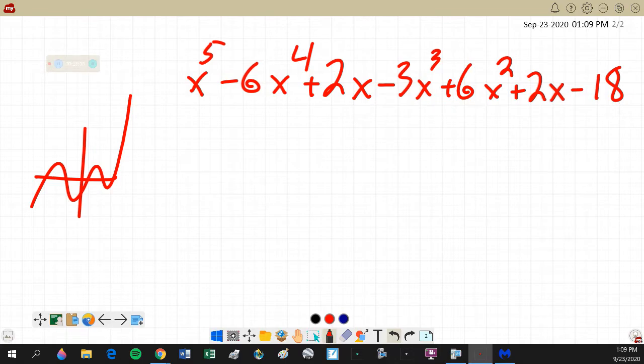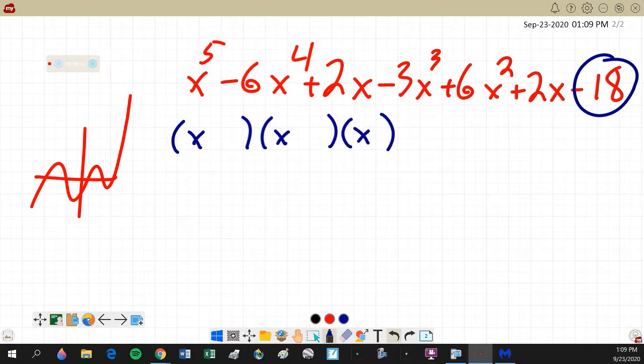Where are we looking? Well, only part of the equation. We're only looking here. So this is what I have. Right? Where does the 18 come from? The 18 is this times this times this times this times that.